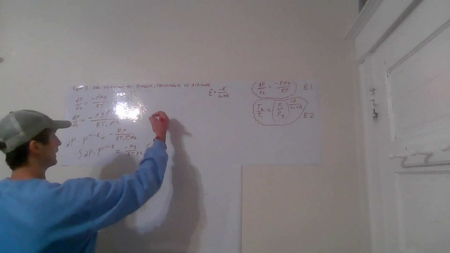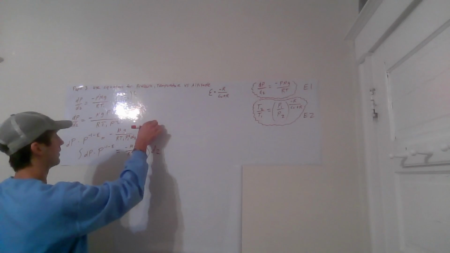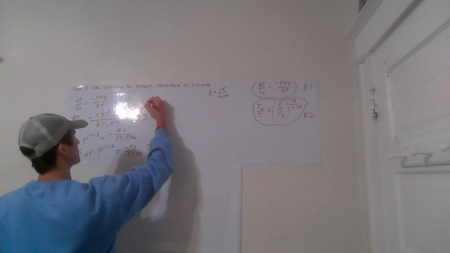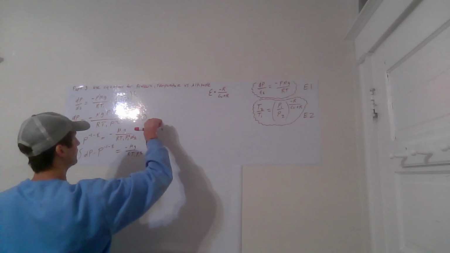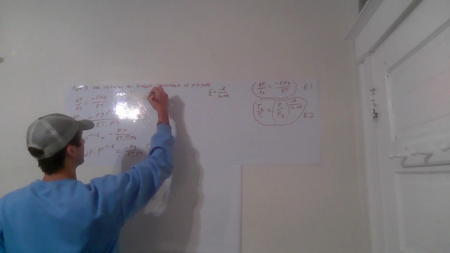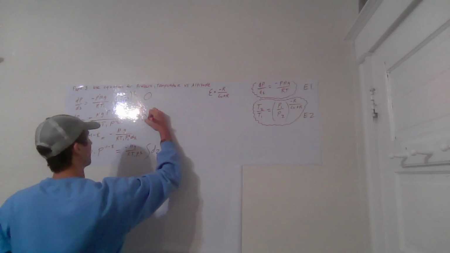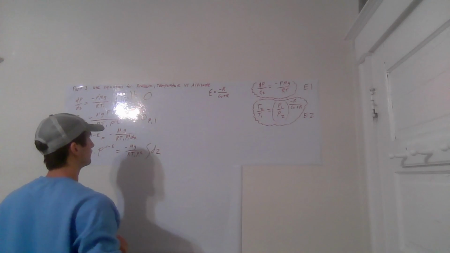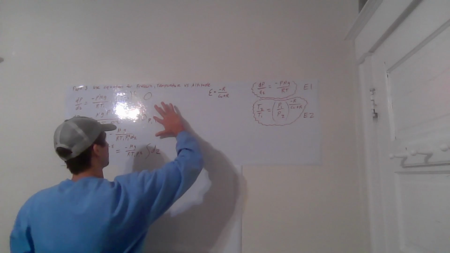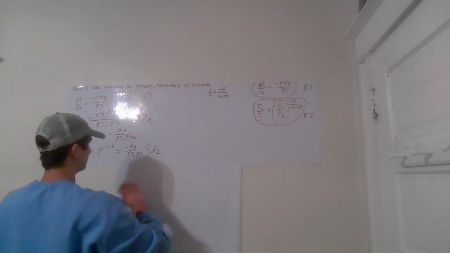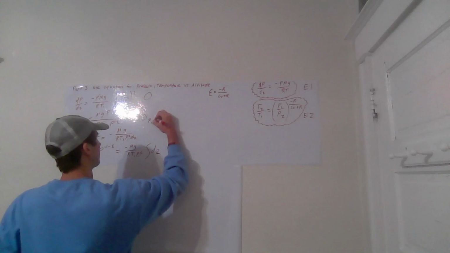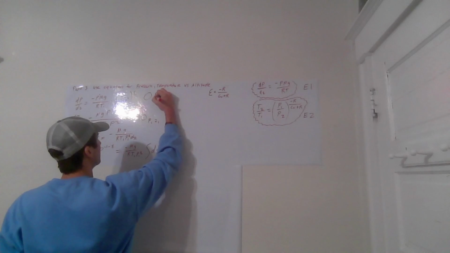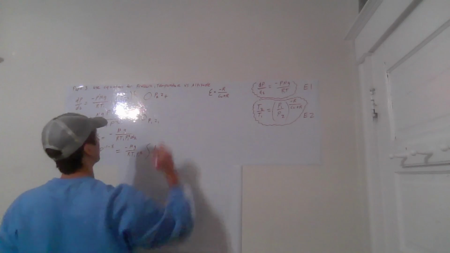Now we have to remember that we're going from a pressure here to a pressure here. So we have this smaller pocket of air to this bigger pocket of air up here. And for the smaller one, we're going to use values P1 and Z1. And then up here, this is our final value, so we're going to use PF and ZF.